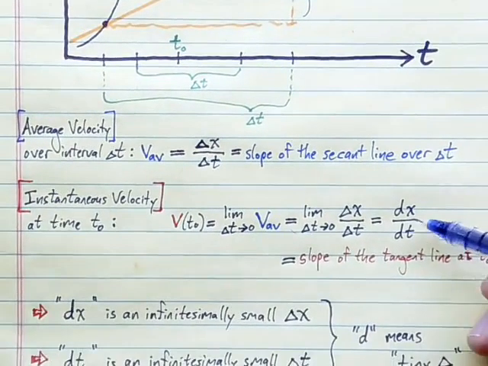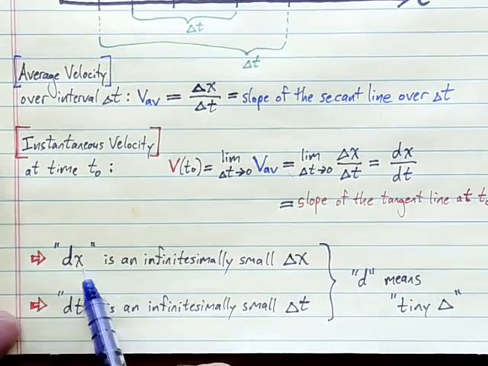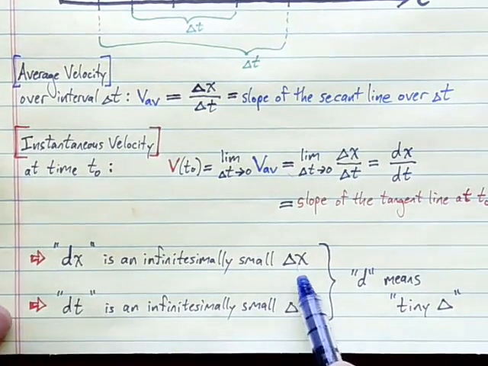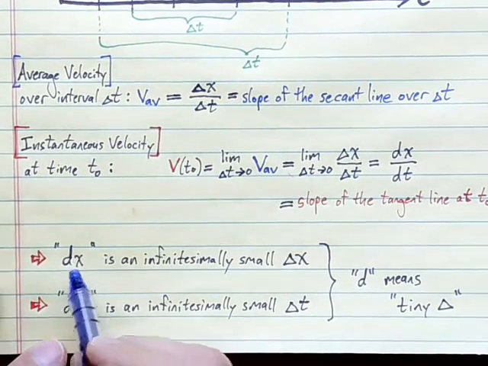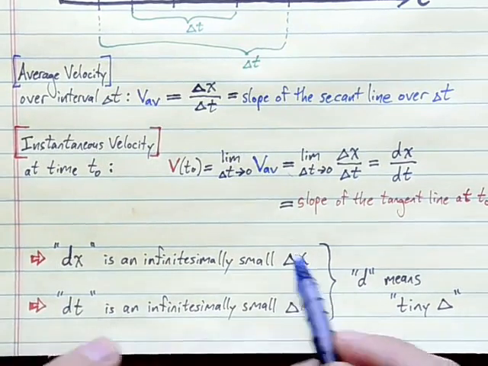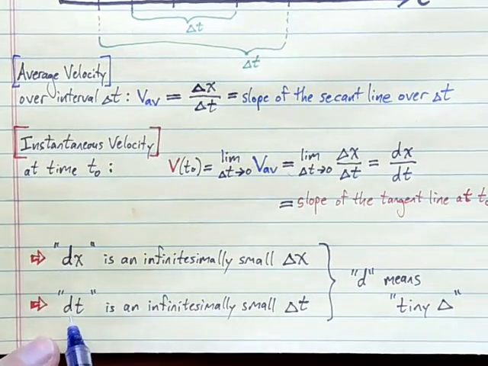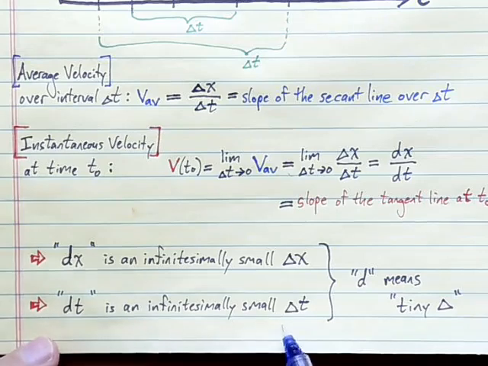Regarding this dx and the dt, by that notation, dx means an infinitesimally small delta x. Dx is a tiny displacement. So since a displacement has units, the SI unit would be meters, dx has units as well. Dx has units of meters. And dt is an infinitesimally small delta t.